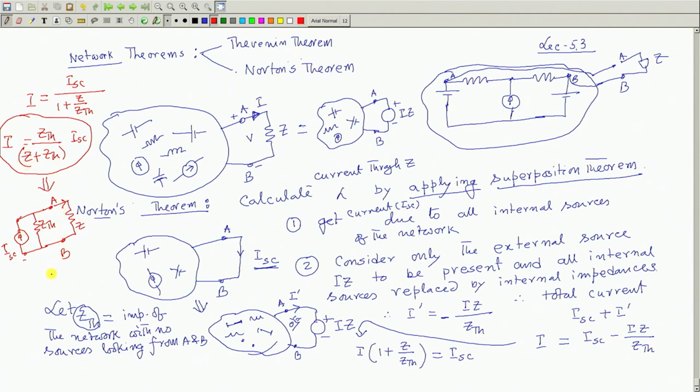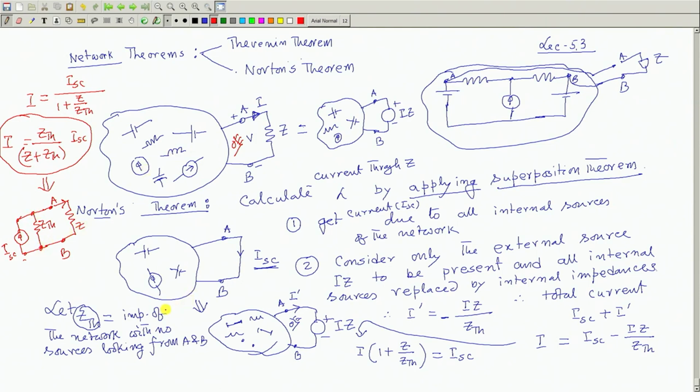Therefore, conclusion is any network across which an impedance is connected Z, I want to find out the load current. I can do by other methods, that is different issue. Now, I am telling that behind point A and B into this network, if you look at, it can be modeled as a current source I S C in parallel with an impedance Z Thevenin's.